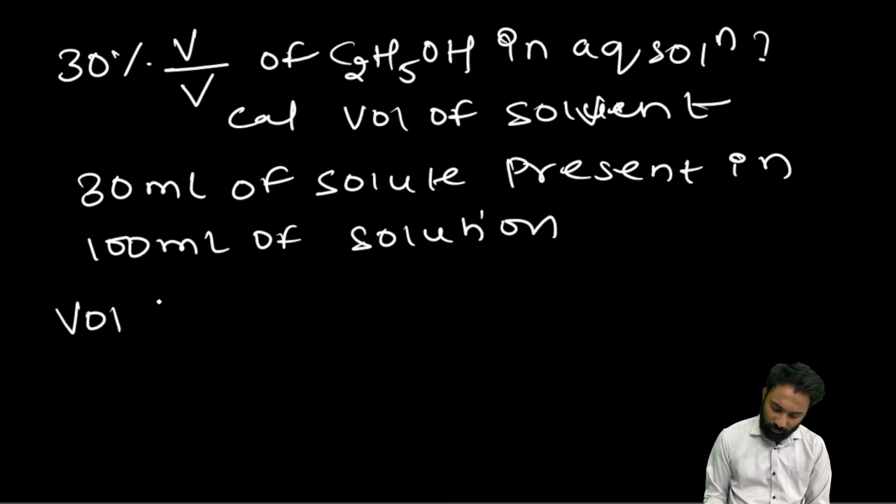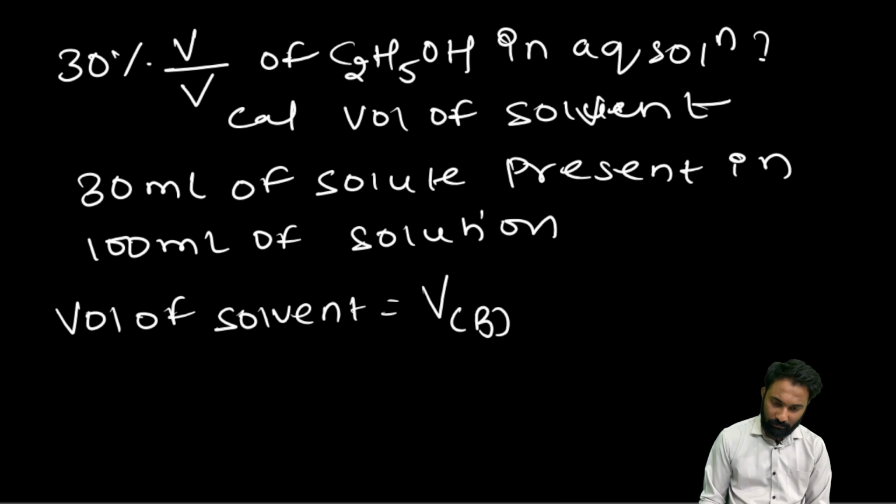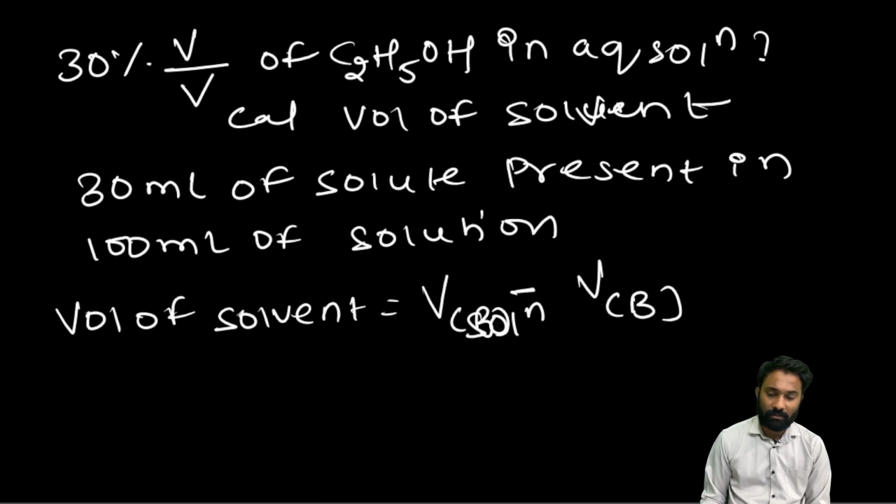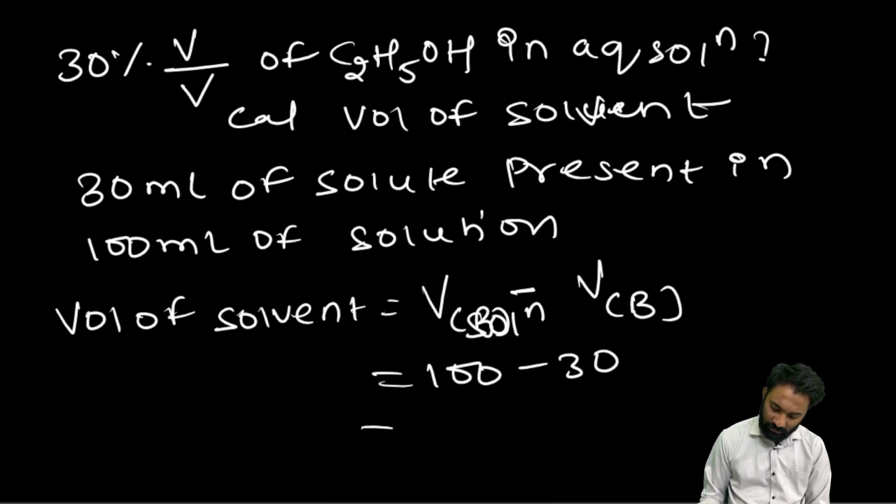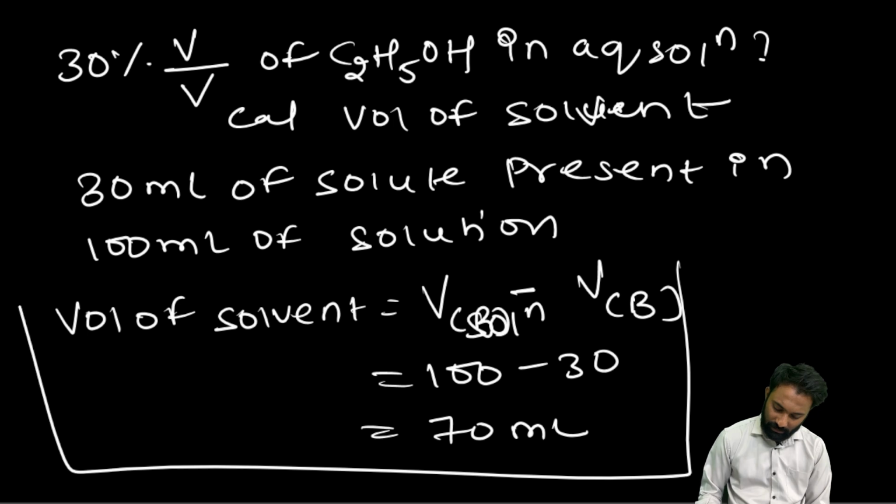Then the volume of solvent is equal to the volume of solution minus the volume of solute, where B represents the solute. The volume of solution is 100 and the volume of the solute is 30, so it will be 70 ml.